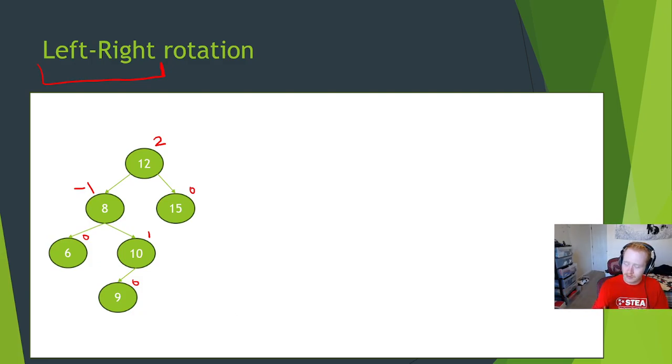So what we're going to do instead is to do a left rotation here, and then do a right rotation on what's left there. So for the first rotation, 12 is going to stay where it's at, 15 is going to stay where it's at, but we're going to rotate the left side of our tree. So we move 10 up, 8 down.